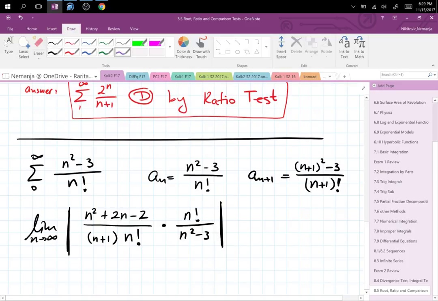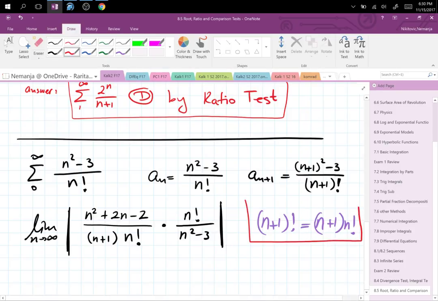I should note over here that n plus 1 factorial is n plus 1 times n factorial. This is something that you will use over and over and over again when you see factorials. And the meaning of this was, as I said earlier, 5 factorial can be written as 5 times 4 factorial.